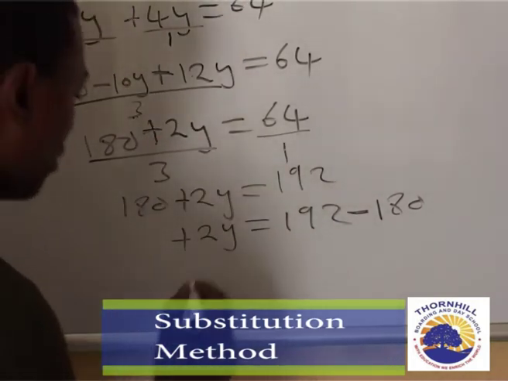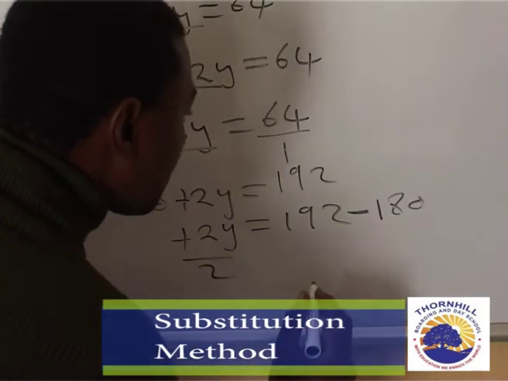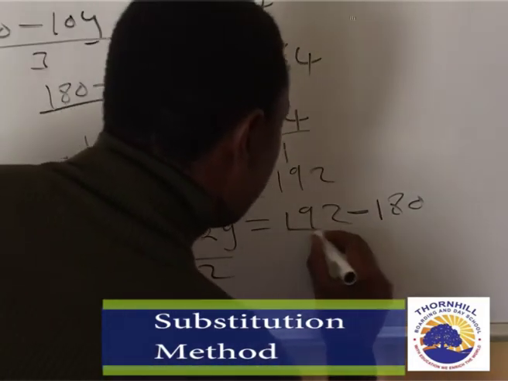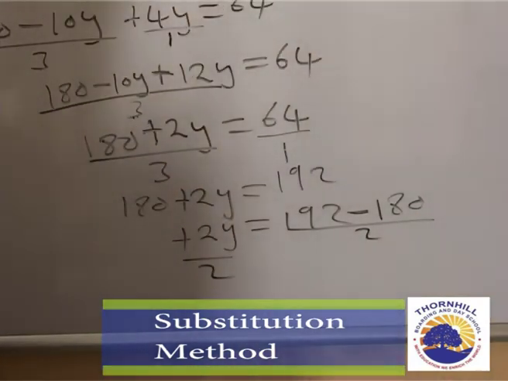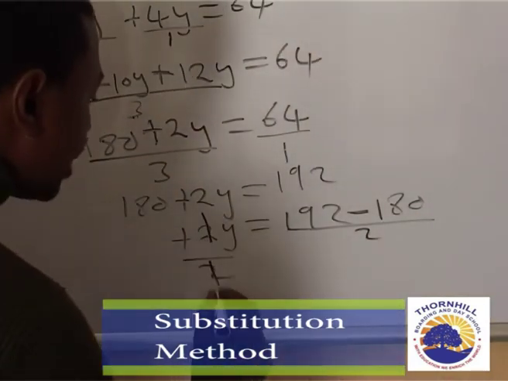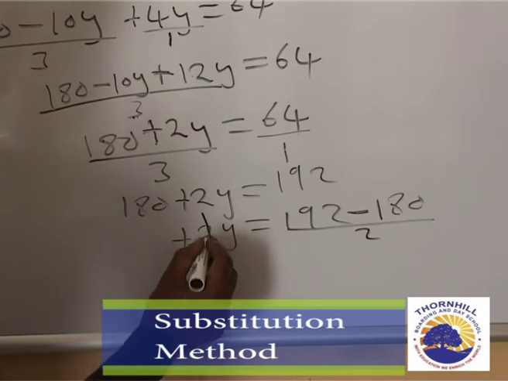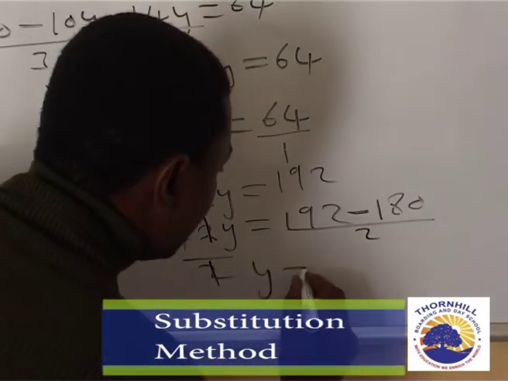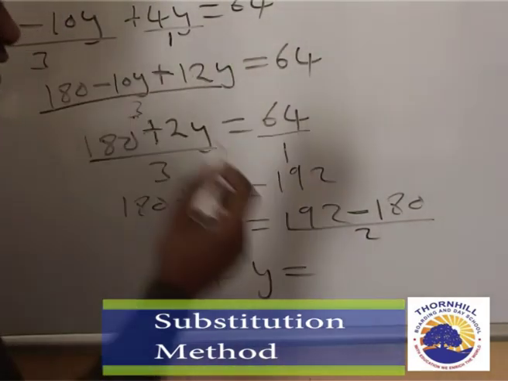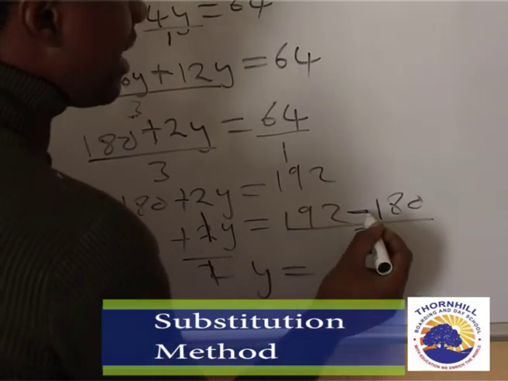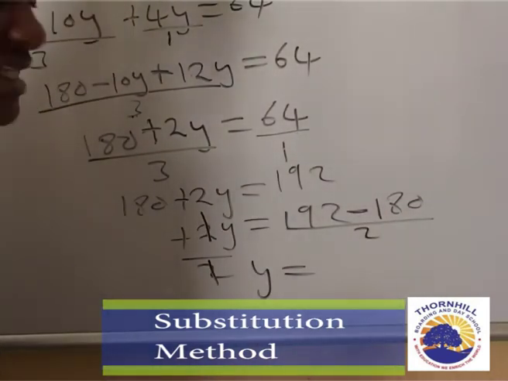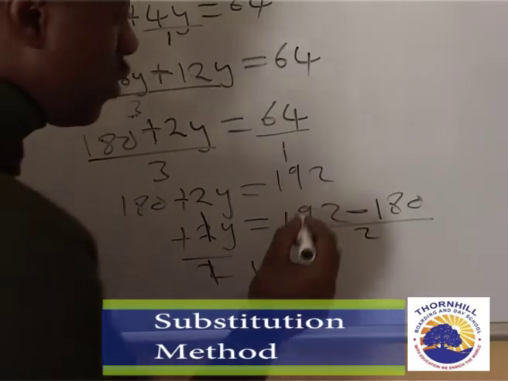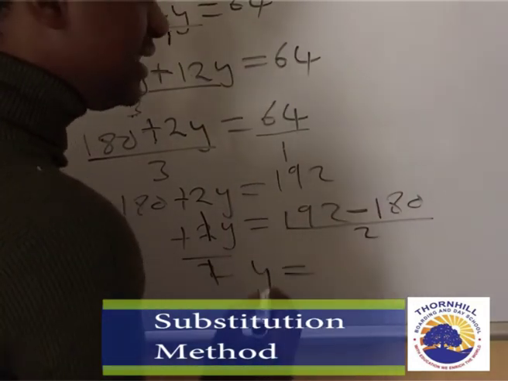Therefore, to find the value of y, we shall divide by 2. Even this side we shall say over 2, like that. Therefore, this 2 and that 2 will cancel. Therefore, y is equal to, when we subtract 192 minus 180, it will give us 12. The answer is 12.